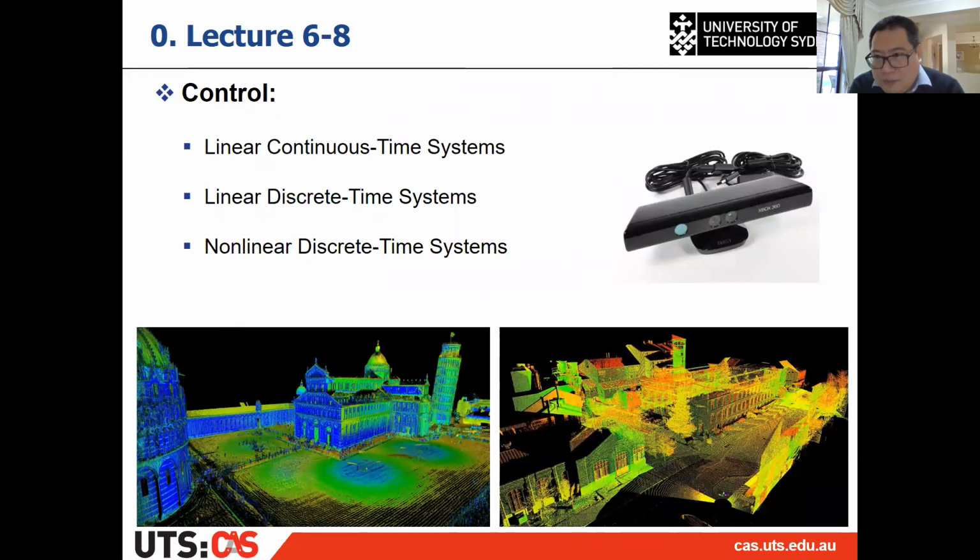It's discrete. And then in the last lecture of the control, the lecture after today, we will introduce the nonlinear discrete time system, which will be much closer to the real case.